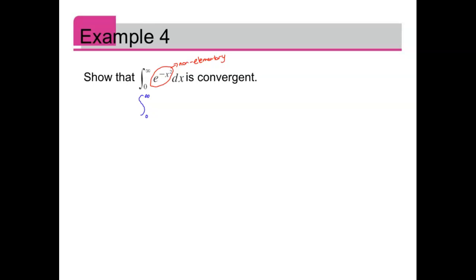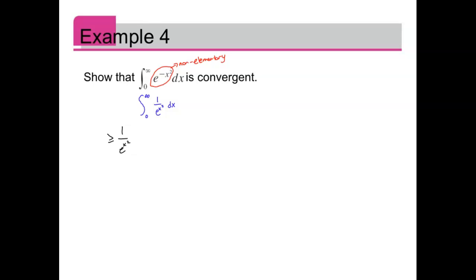Well, first, let's rewrite this as 1 over e to the positive x squared, because that's a little bit easier to look at. So what is a function that's always bigger than that for positive values, right? For 0 to infinity.